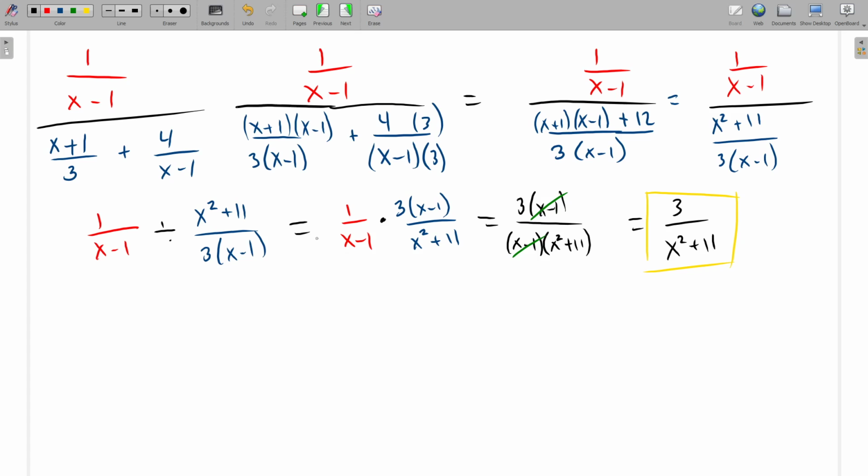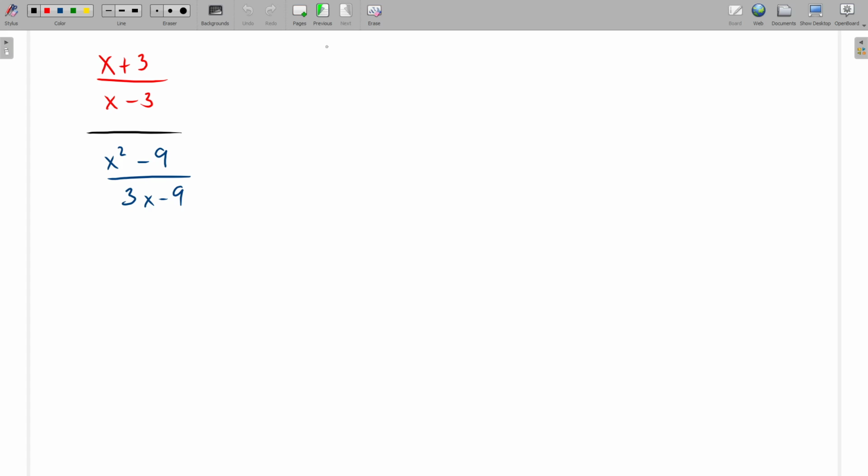Okay, we have one more example to look at, and in this final example, the rational expression in the numerator is already a single rational expression, the x plus 3 over x minus 3 in red, and the denominator is already a single rational expression, x squared minus 9 over 3x minus 9.